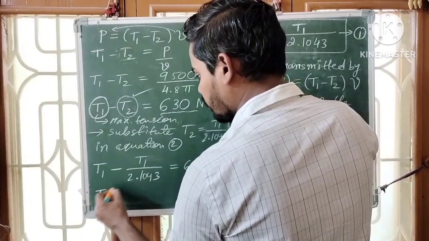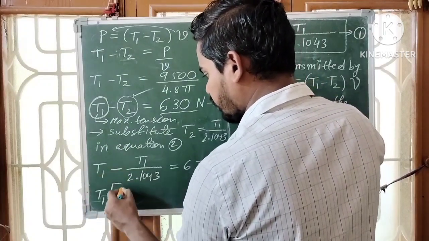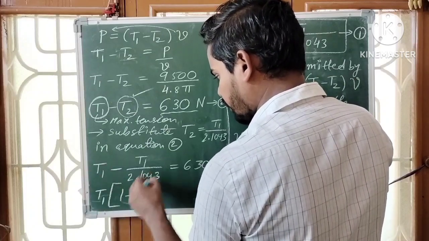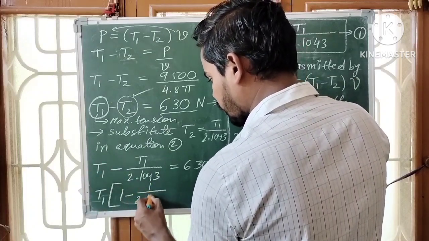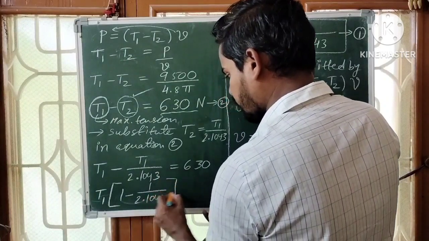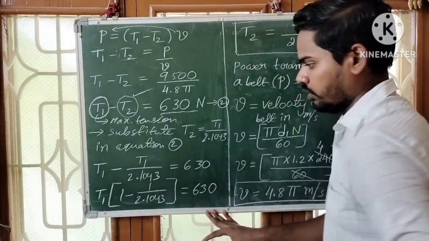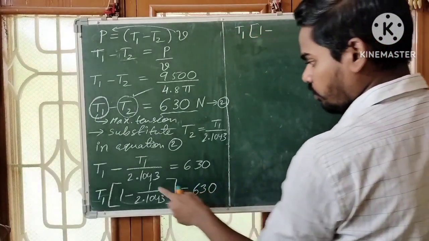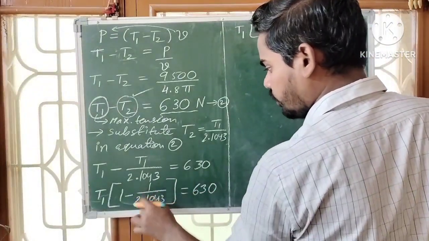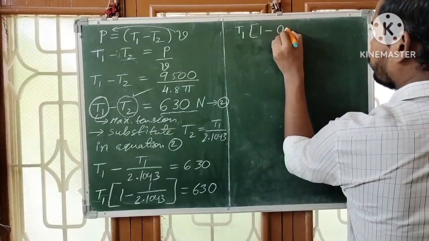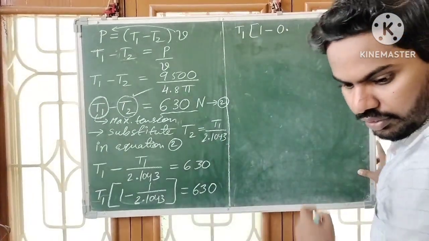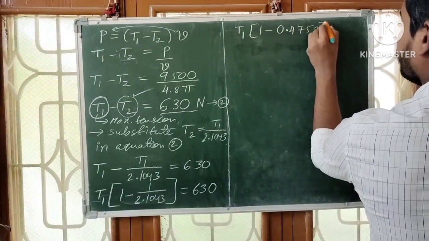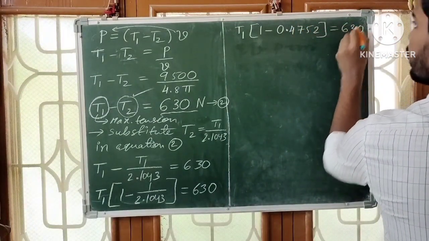Take out T1 as the common factor: T1 into 1 minus 1 by 2.1043 is equal to 630.